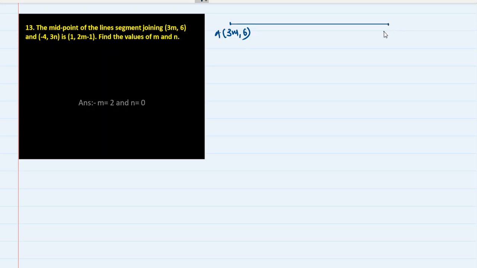Point B is minus 4, 3n. And the midpoint P is 1, 2m minus 1.